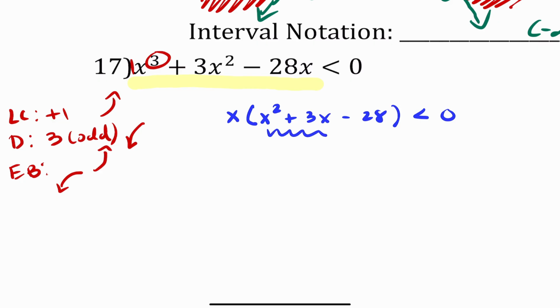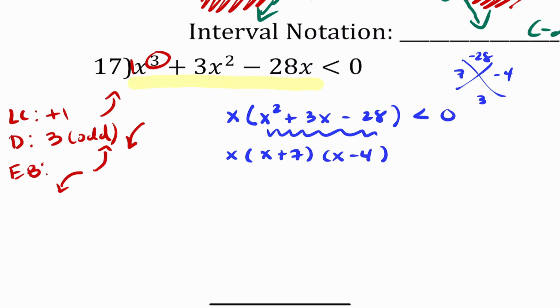Now this is where I can go ahead and use the x method to factor that out. If I did, I would get 7 and -4. So I have x times x plus 7 times x minus 4, which is less than 0. Now, use the degree to figure out how many critical points you should have.